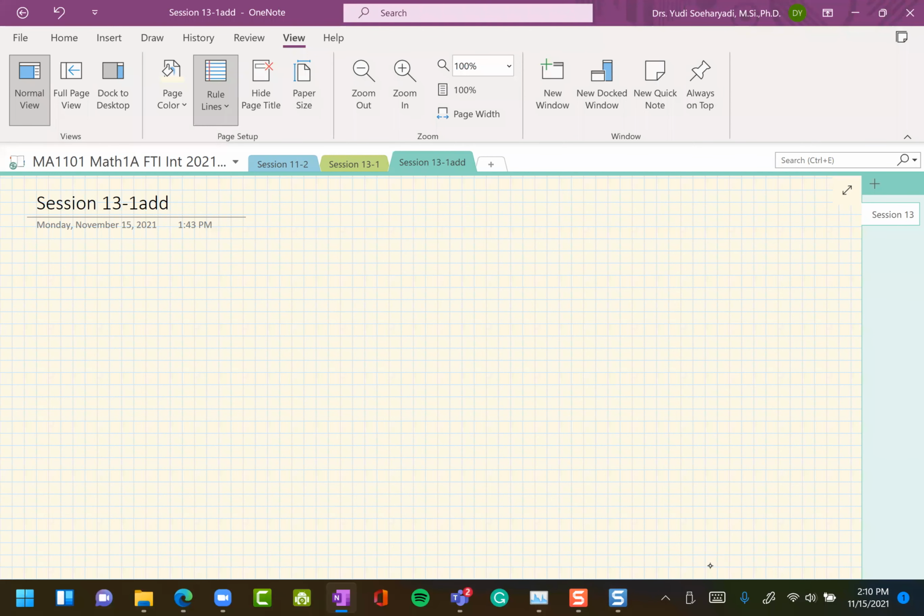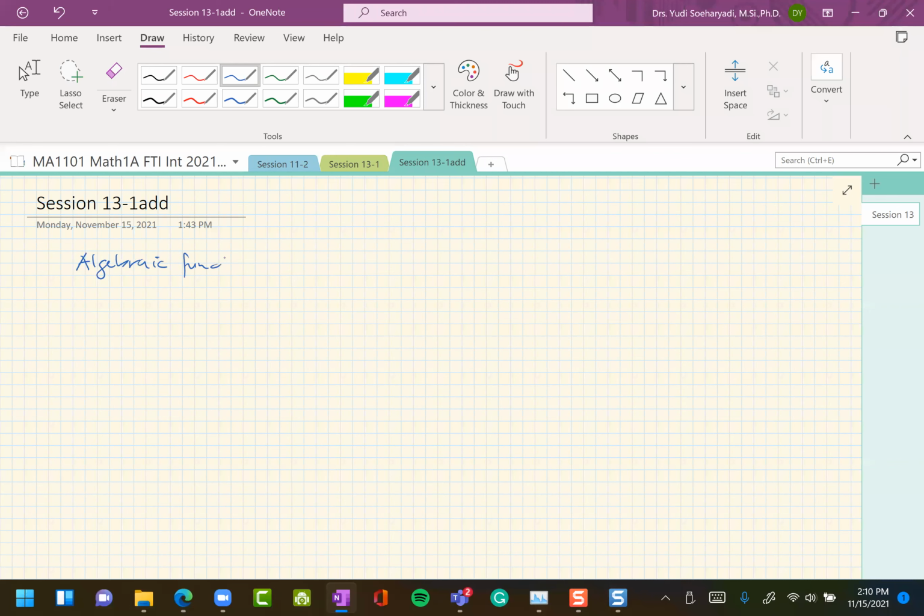First, what we call algebraic functions: any functions that can be obtained from polynomials using arithmetic operations, so that is plus, minus.